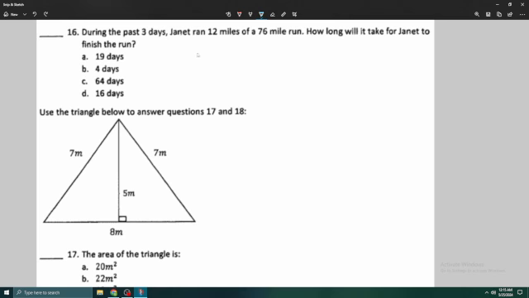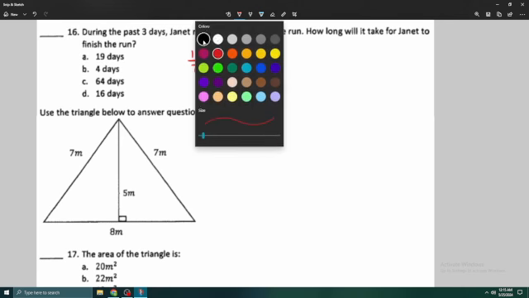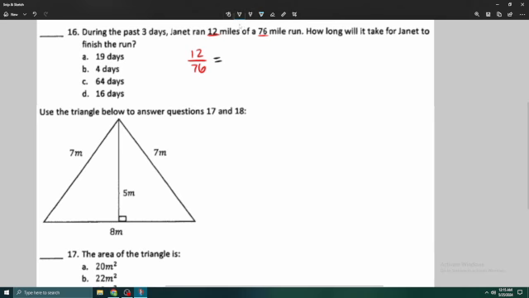So we know that she's run 12 out of the 76. Let's use some different colors here. And we know that it took her 3 days to run the 12. How long will it take her to run the rest? We don't know the total.